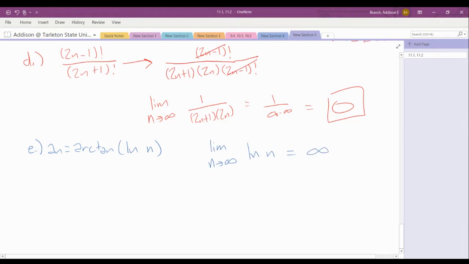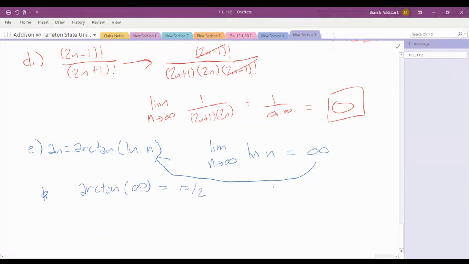Now we can plug this in here. We can take the arctangent of infinity, which approaches pi over 2.